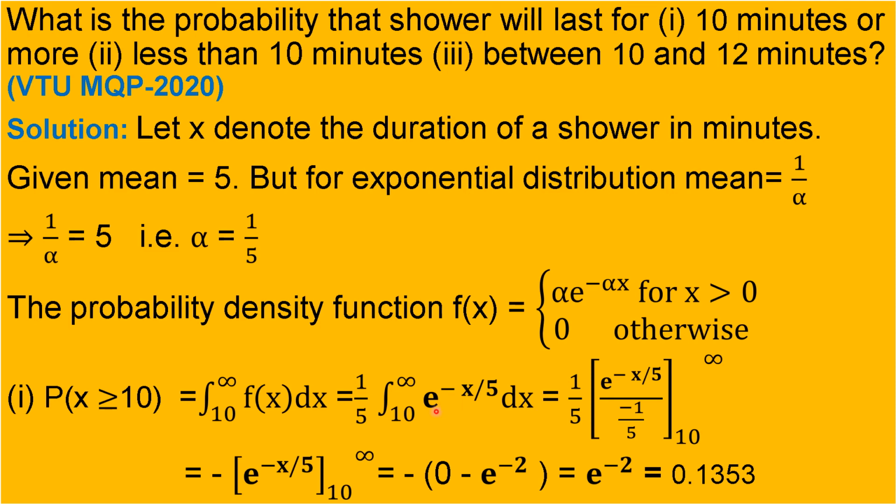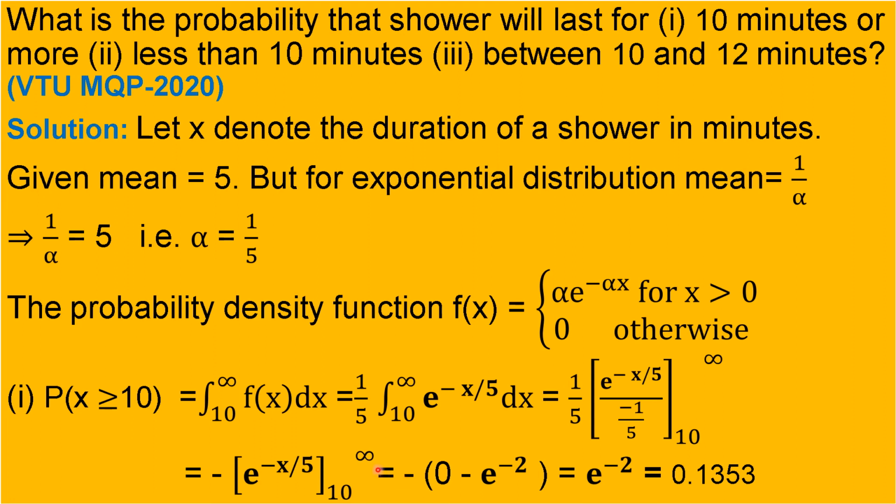1 by 5 into the integration of e power minus x by 5 is e power minus x by 5 divided by the coefficient of x, which is minus 1 by 5. The 5 cancels, minus outside the integral sign, minus the difference of e power minus x by 5 at the upper limit infinity and lower limit 10.